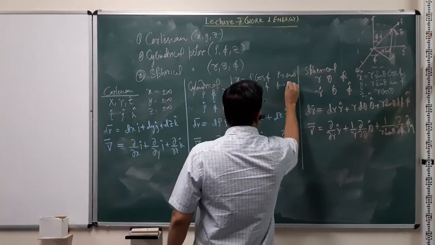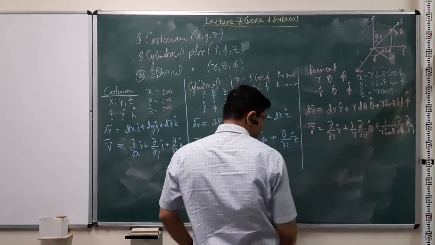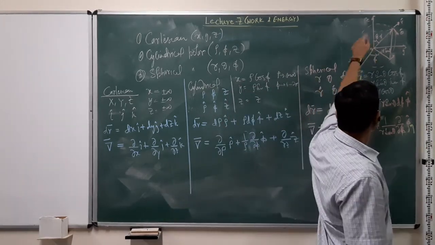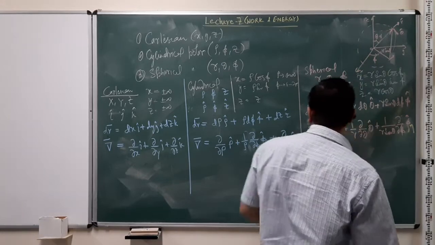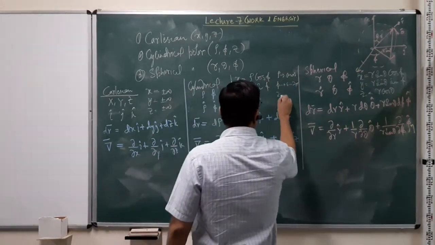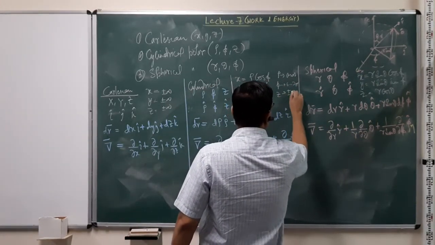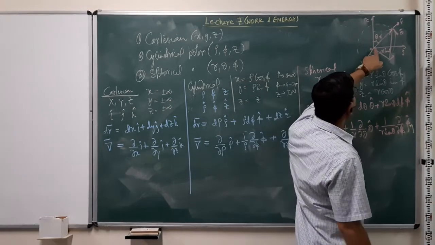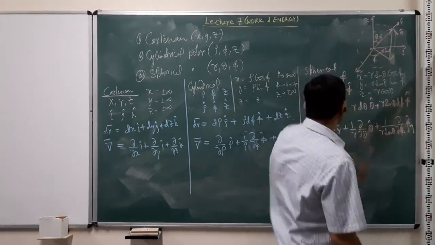Phi can go from 0 to 2 pi. In cylindrical, this angle can make a full circle, and z can go from plus minus infinity. Z is a normal coordinate, so it can go up, can go down.